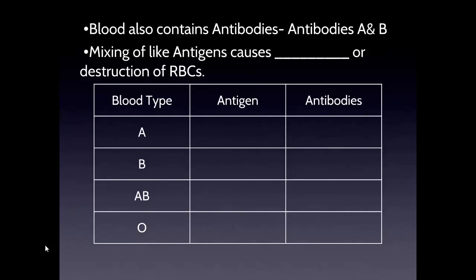If a bacteria gets into our body, antibodies can help destroy it. So also inside of our plasma, floating in the plasma with the red blood cells and all the other parts, we have some antibodies. Some of those antibodies might be antibodies that attack the type A antigens. Some are antibodies that attack the type B antigens.